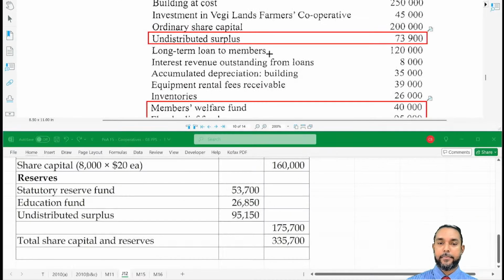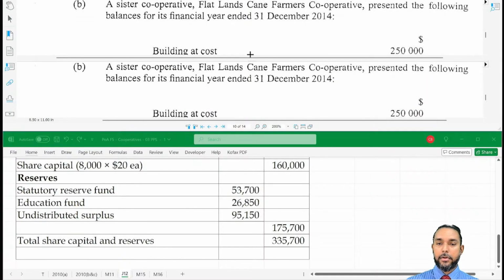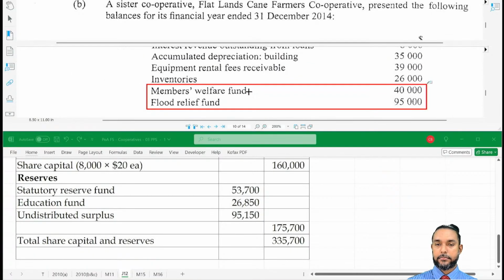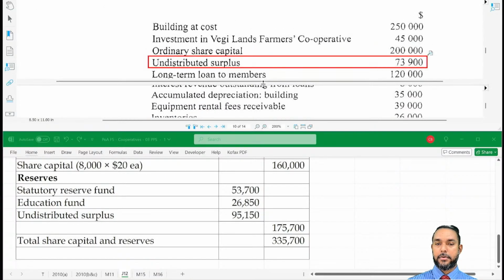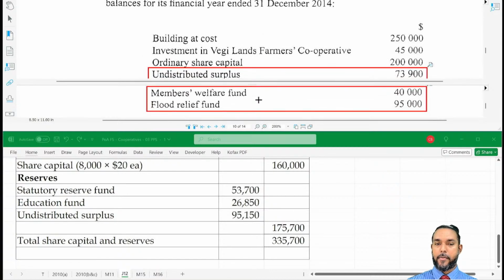Right, so put it on top. We'll put this. All right, so basically using the format below, but the information above.